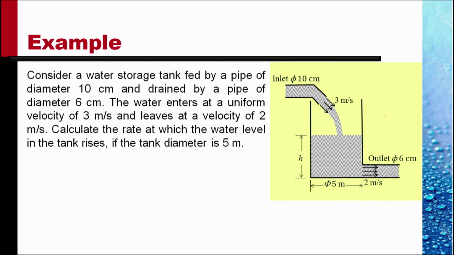This is not a steady flow example. So we take an appropriate control volume. The rate of accumulation of water in that control volume is equal to the net rate of influx of water into the control volume across the control surfaces.